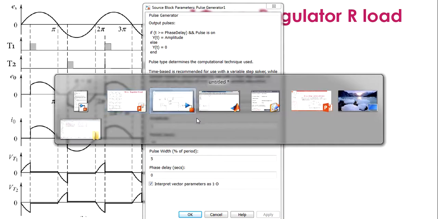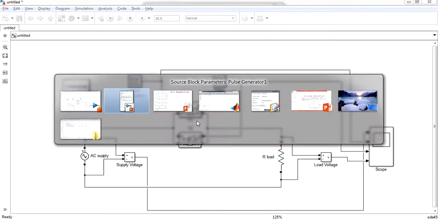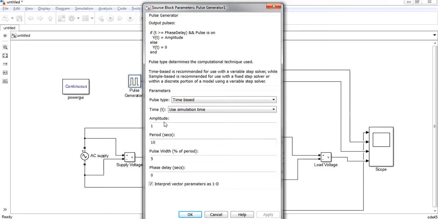So let us go to MATLAB again, and here I'll take amplitude of 10. Then here period, so in India it is 50 Hz, so T is equal to 1 upon F. The period is the reciprocal of frequency. So 1 by 50 will be 0.02 in seconds.